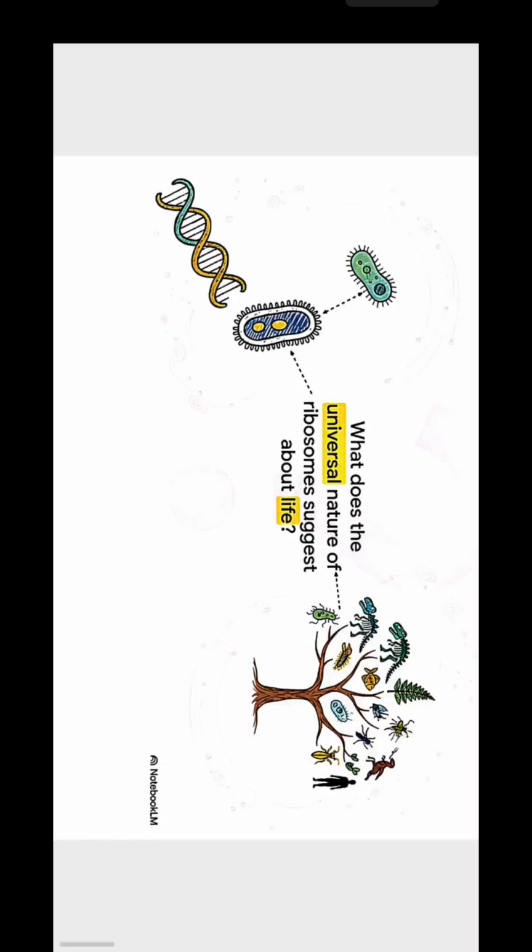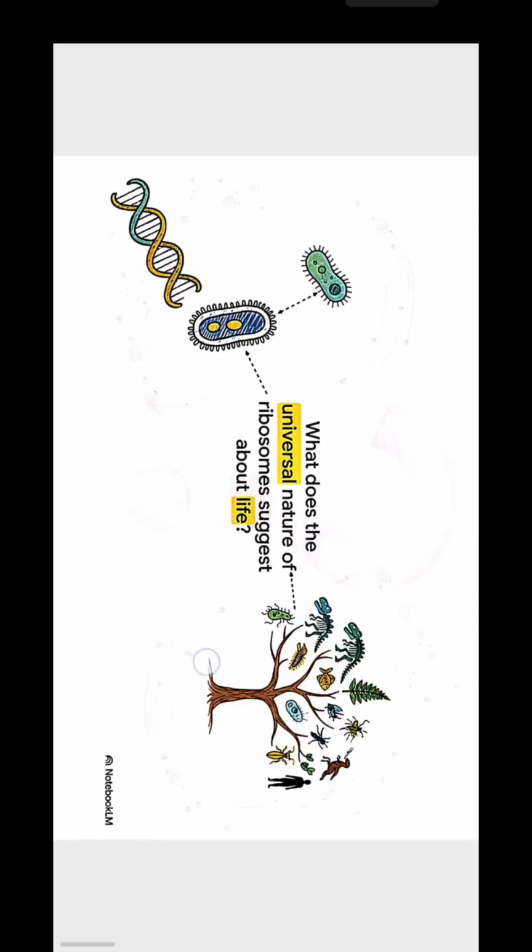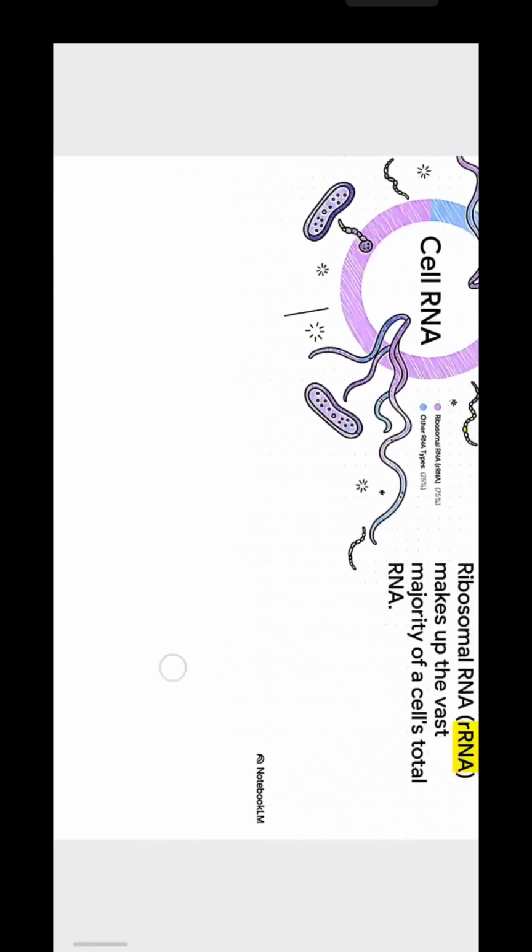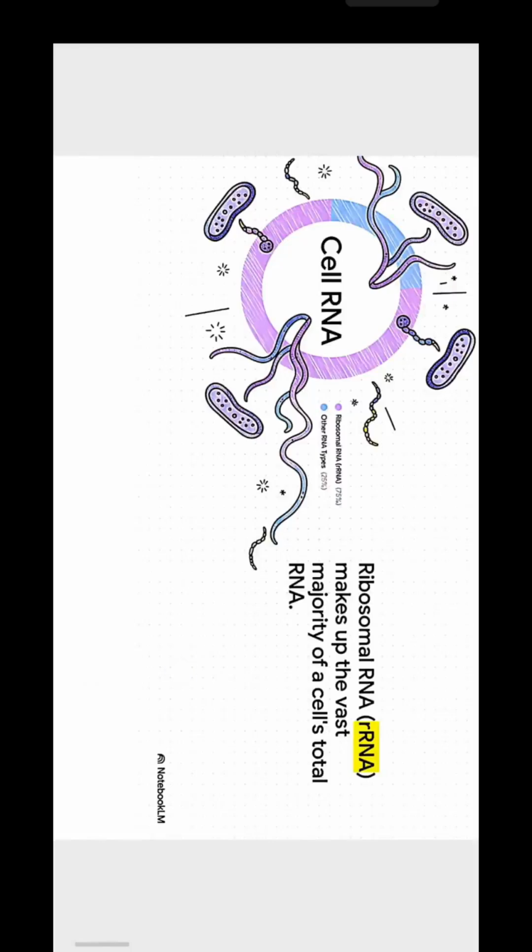So ribosomes are ribonucleoproteins. We can say that these are ribonucleoparticles which consist of ribosomal RNA and proteins. If we discuss the ratio between proteins and ribosomal RNA, in eukaryotic cells the ratio is 1:1.